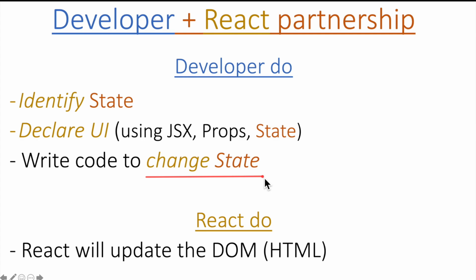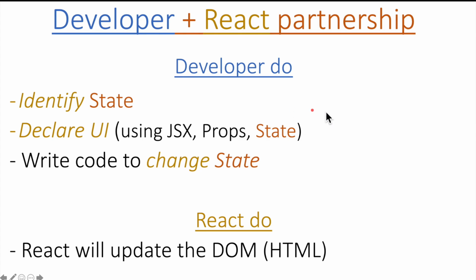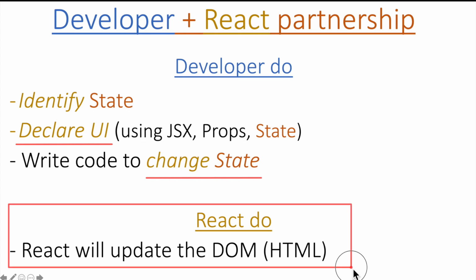That is because when the state changes, React will do the work of updating the DOM. So as developers, we never worry about how to update the DOM. Once we declare our UI, the only thing that we concentrate on is how to change the state correctly, how to do state management correctly. And we leave the work of updating the DOM or updating the UI to React.